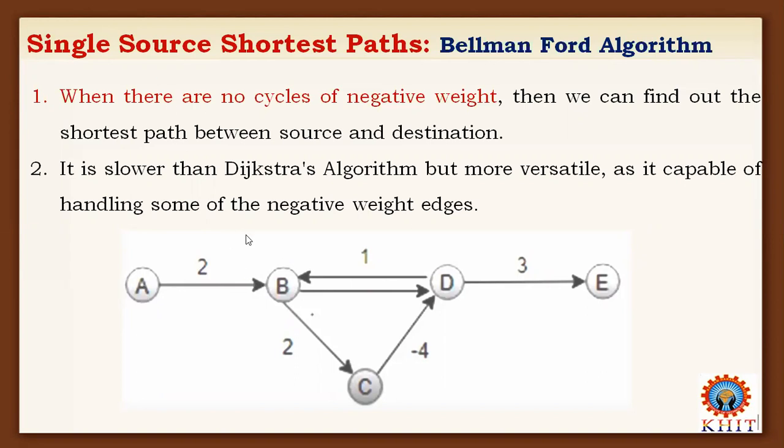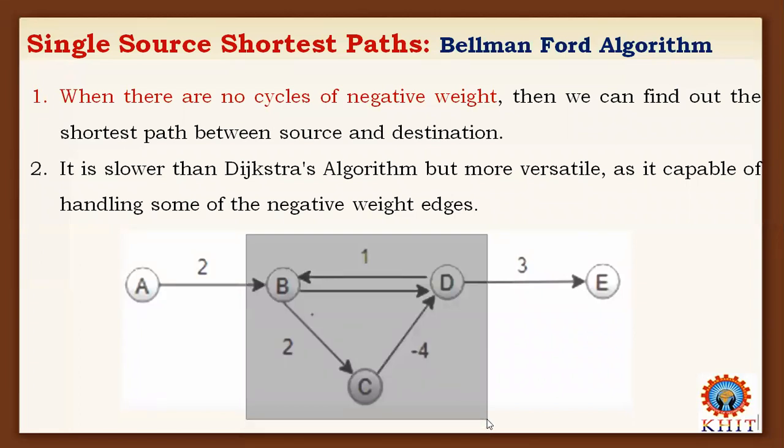If you observe this part, a cycle is formed in this area. How will the cycle be formed here? If you observe clearly, B to C, C to D, and D to B. That means a cycle is formed here.